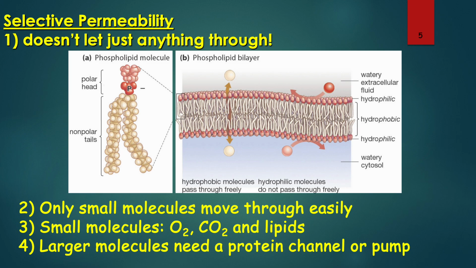The cell membrane, again, is selectively permeable, meaning it doesn't let just anything pass through. It allows for small molecules to easily move back and forth across the cell membrane. Examples of small molecules are oxygen, carbon dioxide, and lipids. Larger molecules are going to need help through a protein channel or a protein pump.